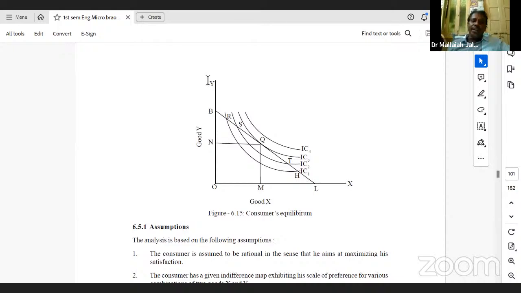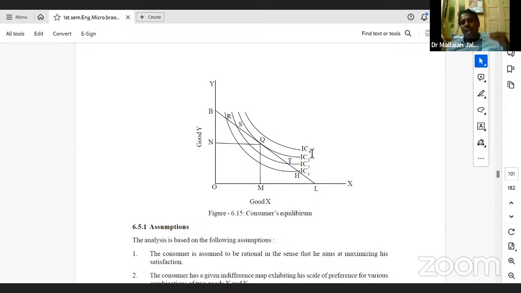On the Y axis Y commodity and on the X axis X commodity are going to be purchased. See R and H, S and T and Q, and IC1, IC2, IC3 and IC4.